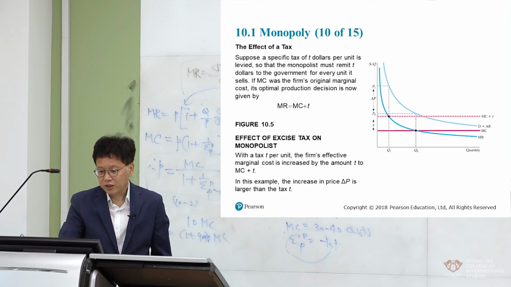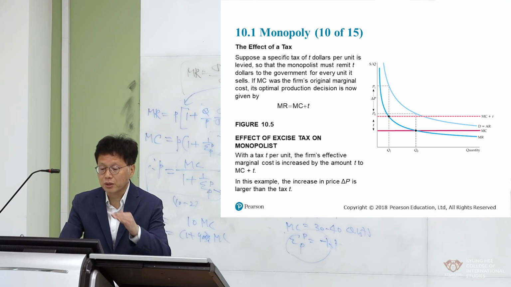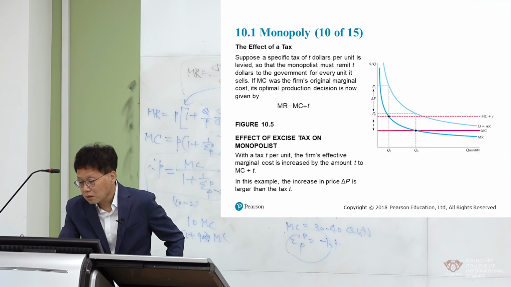Okay, the effect of a tax. Suppose a specific tax of T per unit is imposed, so the monopolist must remit T to the government for every unit it sells. If MC was the firm's original marginal cost, its optimal production decision is now given by marginal revenue equals marginal cost plus T. Demand curve, marginal revenue curve, and marginal cost curve are originally like this.